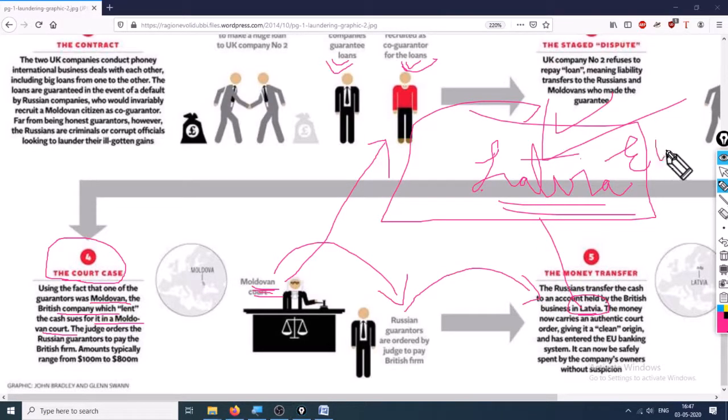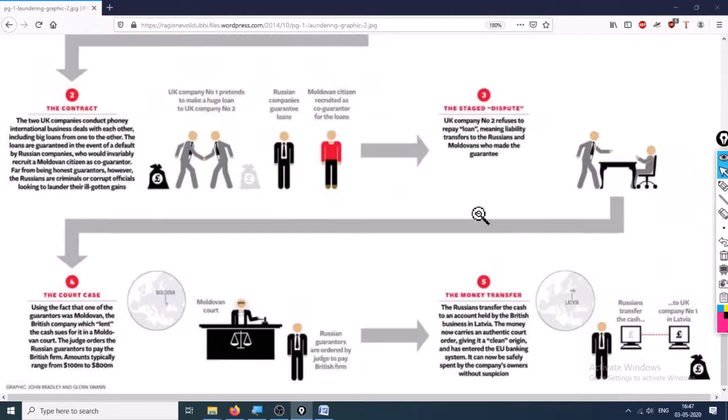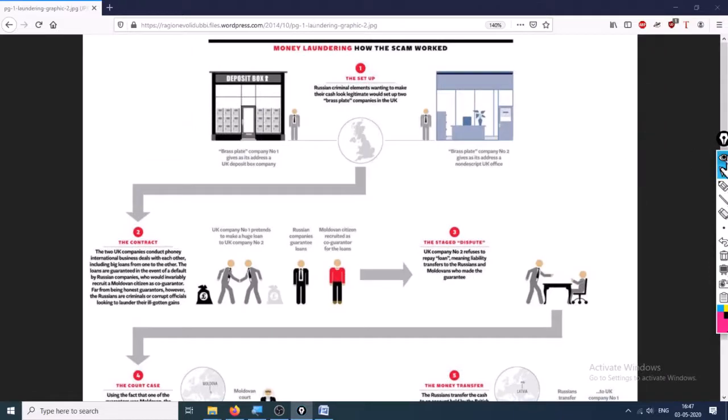Hence, that amount was finally given to company 1, so that amount is again in the hands of Russian people only, but now it looks clear where company 1 received it from.